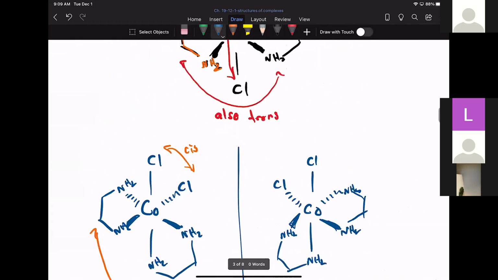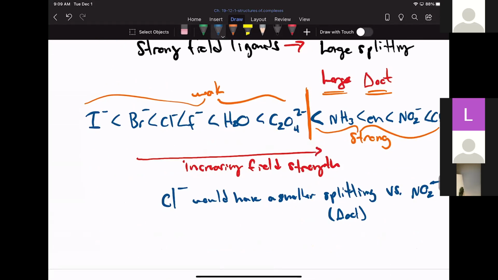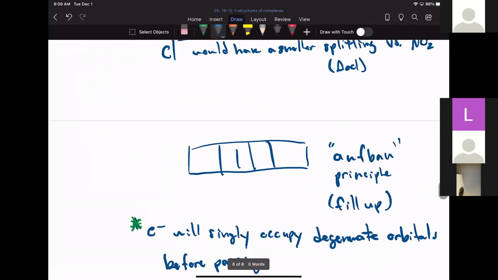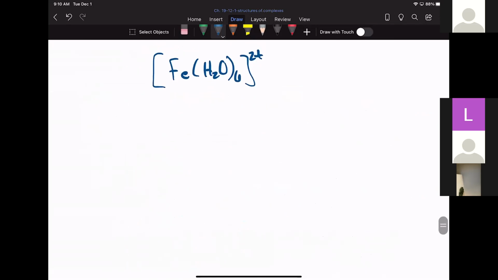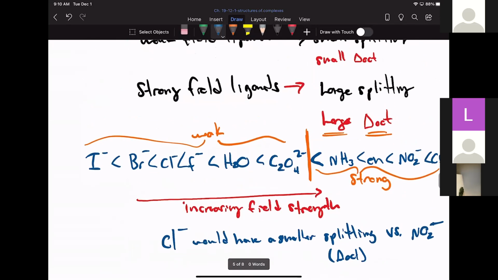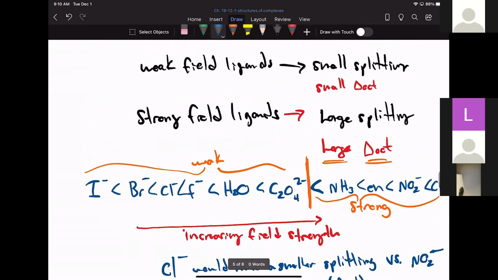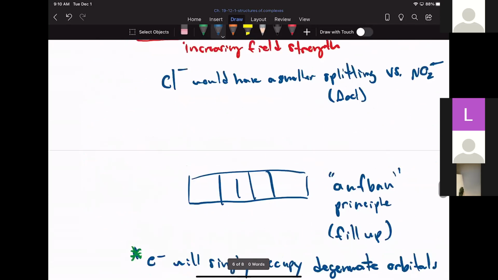You see that breakpoint that I gave you? There it is. Water would be considered a weak field ligand. Weak field ligands contain a small splitting.